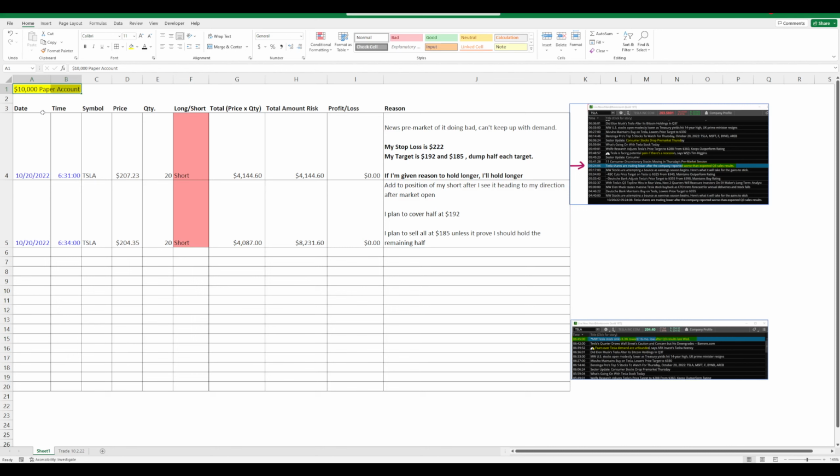First I would list the dates and then the time of the stocks I purchased, the price at which I entered, the quantity of it. If I go long or short, I just highlighted red so it's easy for me to go back and see. And then later it's just price times quantity, how much am I staking? So, right, the formula, price times quantity.